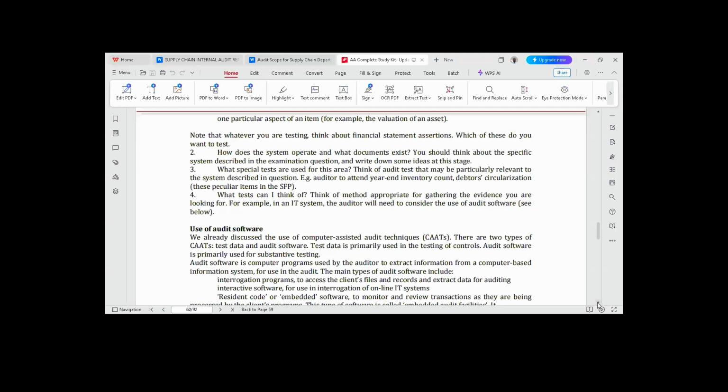So let's continue. The next thing we are going to look at under substantive procedure is use of audit software. And that will come under what is called computer-assisted audit techniques.